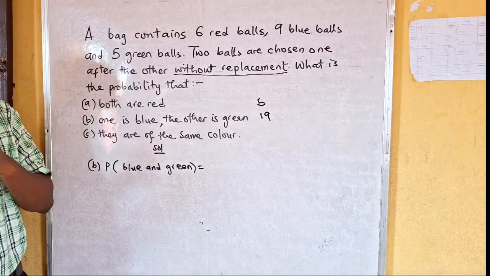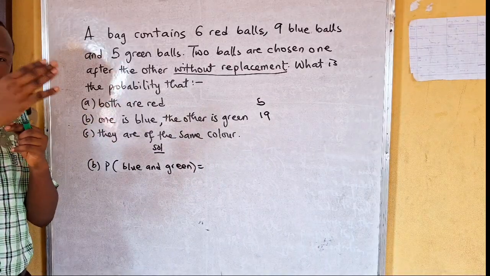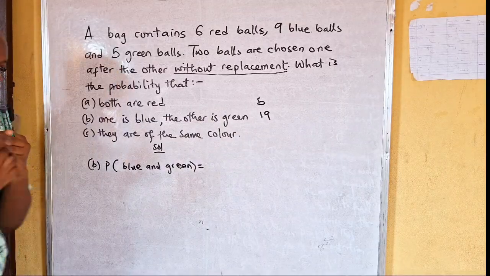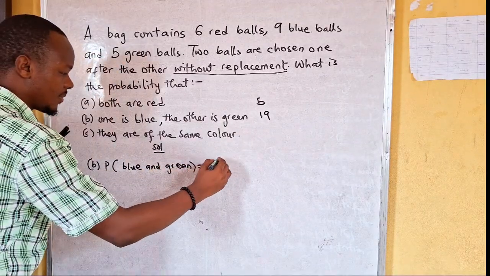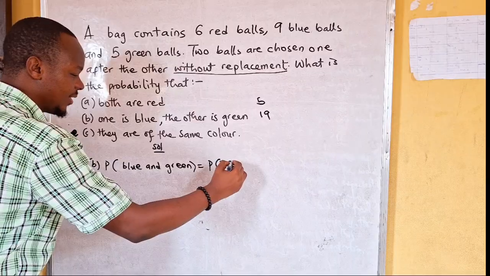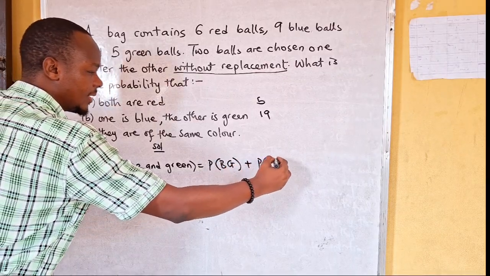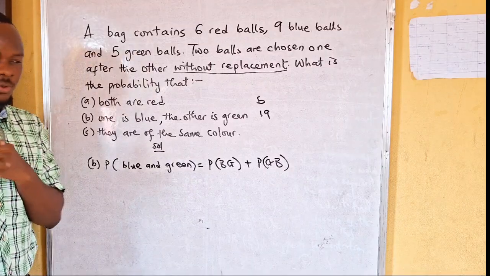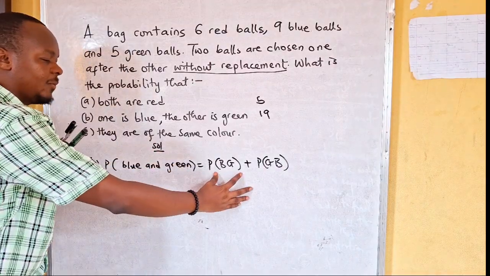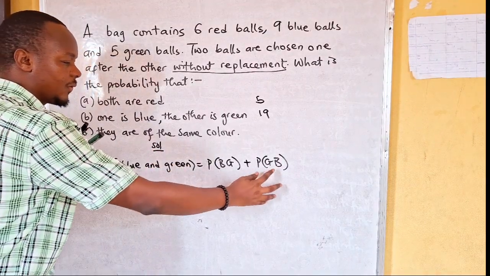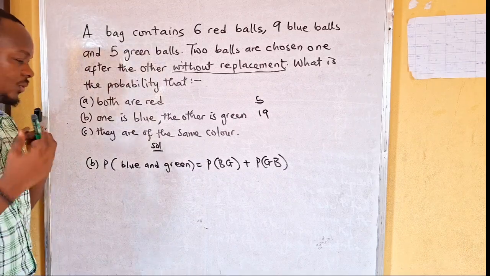If they say one is this and the other is that, you have to do both of them. So this will be blue and green, or green and blue. So "or" means plus. So it's probability of blue and green, or the probability of green and blue.